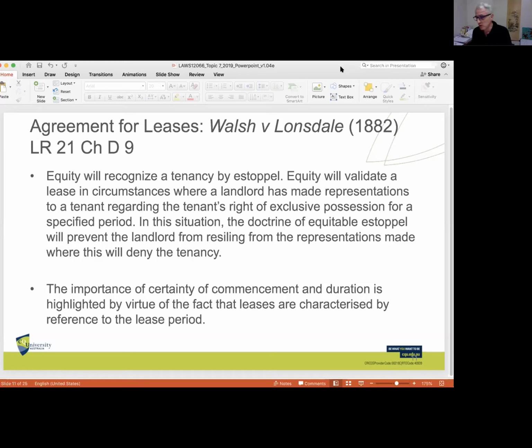The general law of contract will be relevant so long as it meets the requirements with regard to an agreement concerning an interest in land, as we've seen previously. And in that case, then law will be relevant in terms of enforcing the agreement.